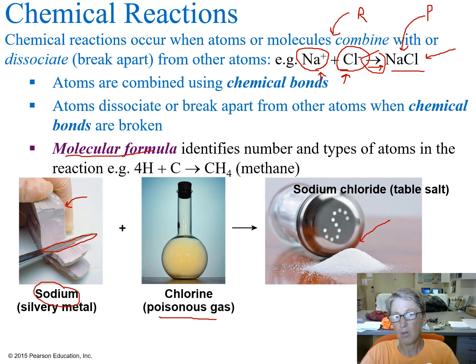So you have one sodium ion combines with one chloride ion to form one molecule of sodium chloride. Another example, you have 4 hydrogen atoms plus how many carbons? If you said 1, you were right. 4 hydrogen atoms plus 1 carbon atom combine together to make one methane molecule, CH4. It's a molecular formula.